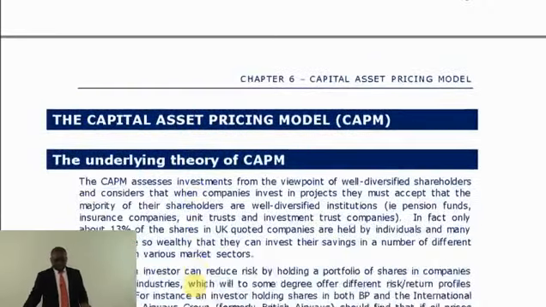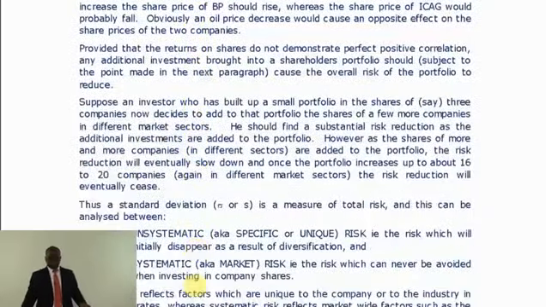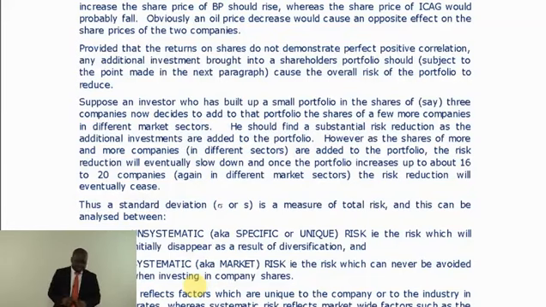The good news is portfolio theory is out of your syllabus, so that is gone. But CAPM is assuming that when you diversify, you'll be able to reduce some risk. The third beta is the weighted average. The weighted average beta.